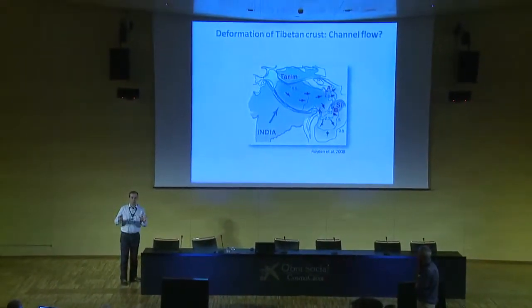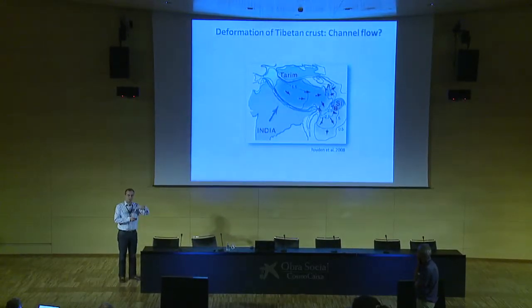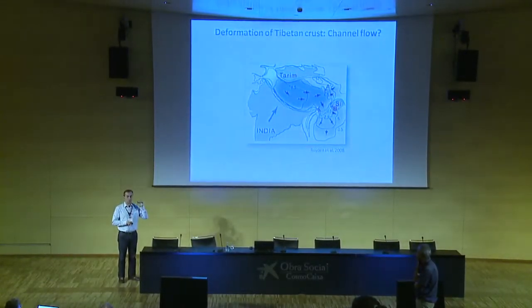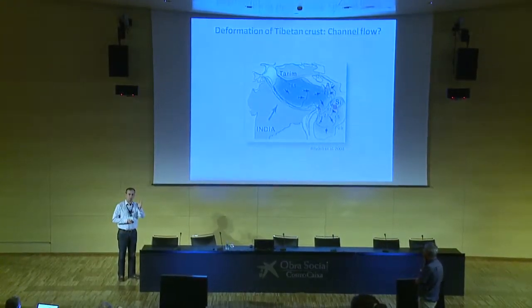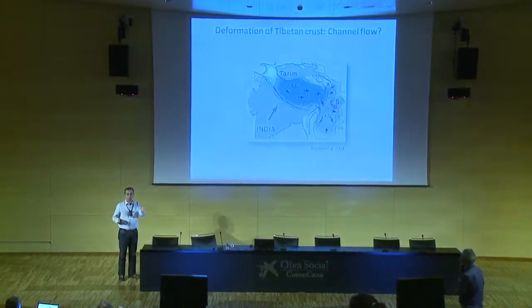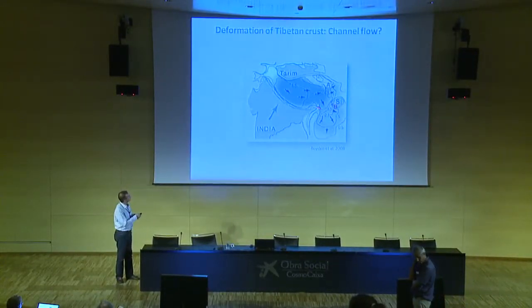The model in its end-member purest form predicts that the topography gradient will drive the flow. The flow will be parallel to topography gradients because gravity is the driver. So it must flow in that direction.